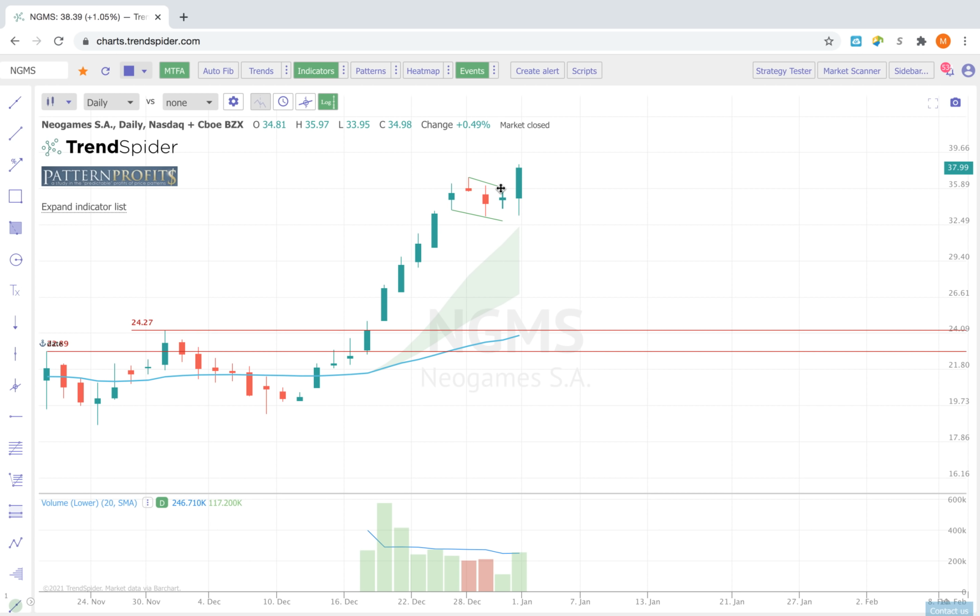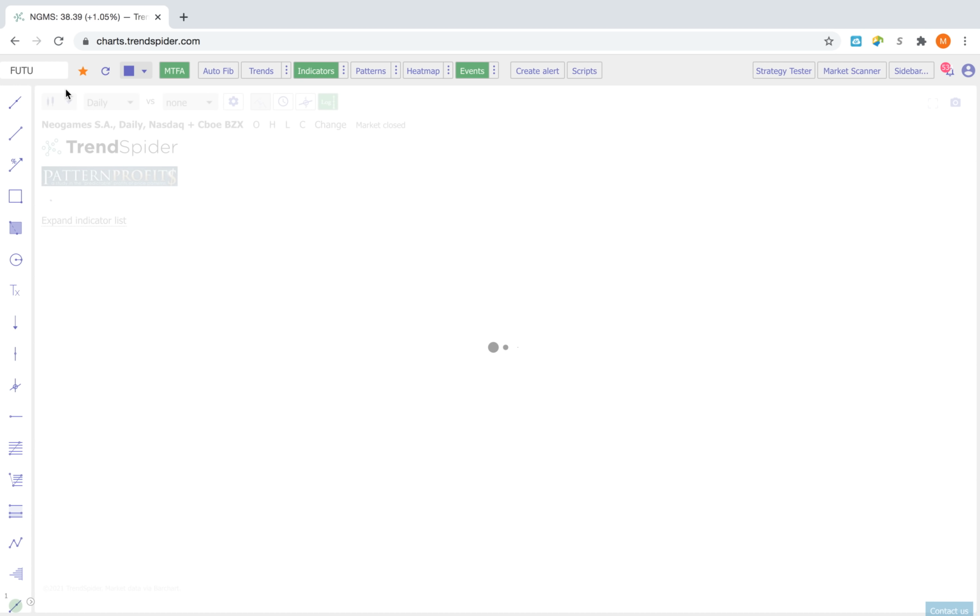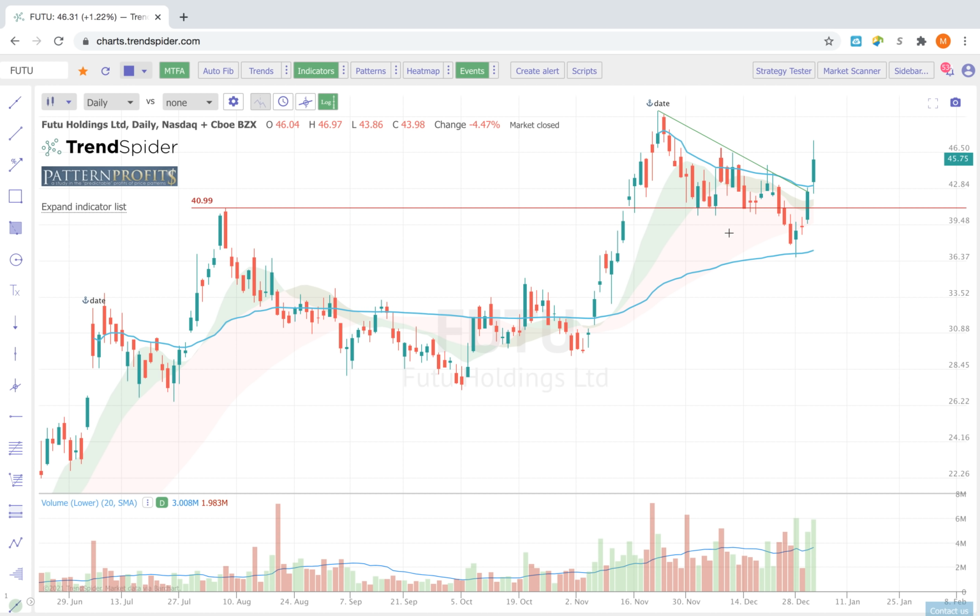But the whole point is, if you're going to buy something up here that's really extended, you need to have a way to manage your risk, and manage it tightly, because what ends up happening when you just come in and take something like this at 45 because you think it's going to 50, when that doesn't happen and this move comes, you're not sure what you should do and where to get out.